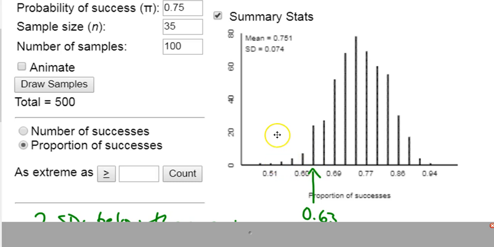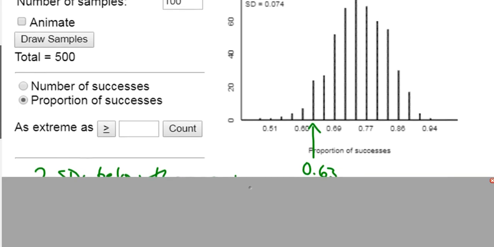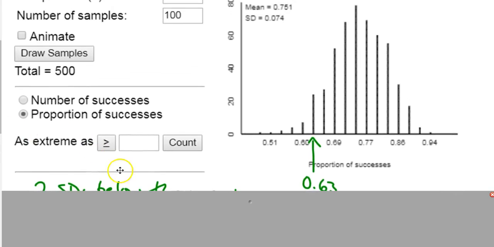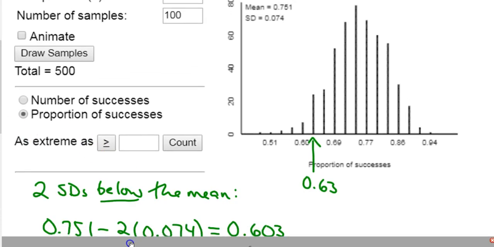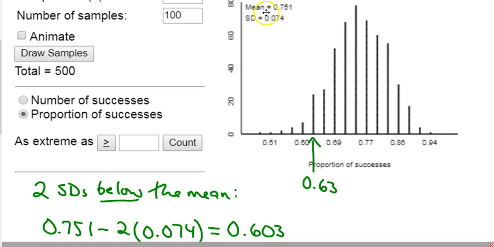So one way we could quantify this would be to go out and find out what are 2 standard deviations below the mean. We kind of did this in our homework, right? So for my particular numbers here, I'm going to start at the mean and subtract 2 standard deviations. And I came up with 0.063.